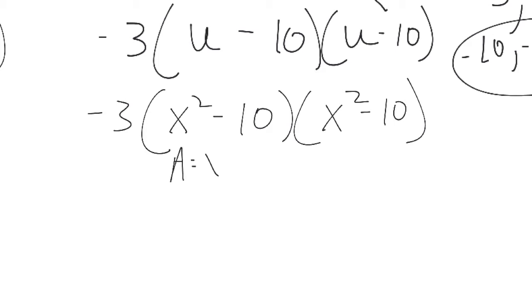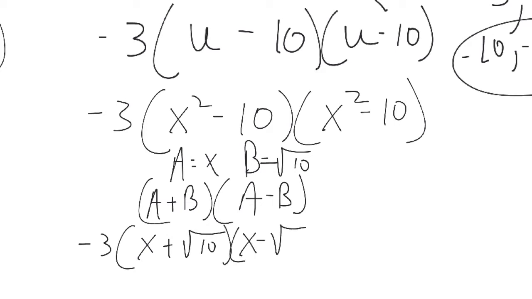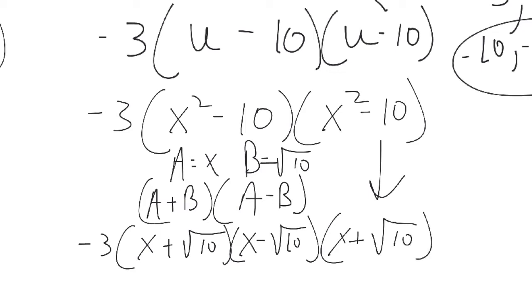A could be x, and b could be the square root of 10. So I know this is a plus b times a minus b, which is negative 3 times x plus the square root of 10 times x minus the square root of 10. And we do that twice, because it's the same factor. x plus the square root of 10, and then x minus the square root of 10.